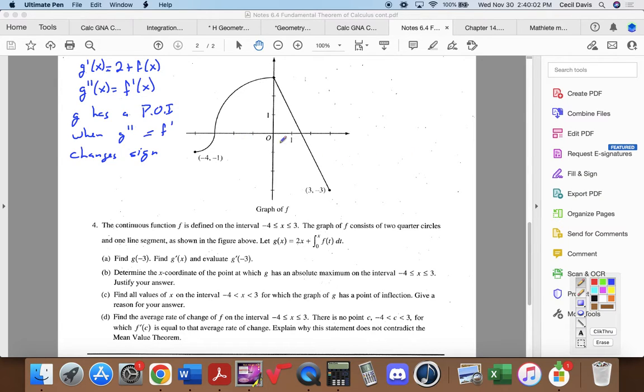No, this is the graph of f. This is not the graph of f prime. What kind of values does f prime have here? And here? Negative. Or positive. F prime is this. Oh, it's positive. So it's at x equals 0.